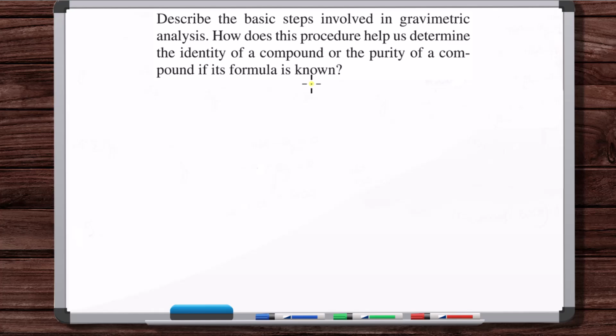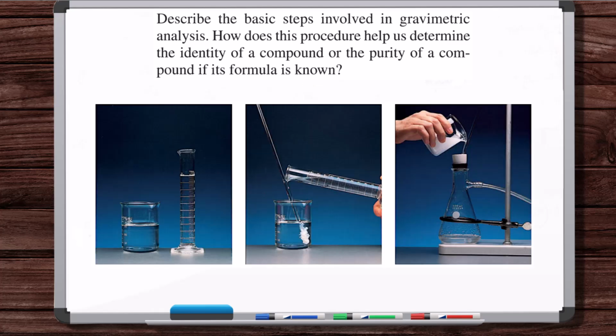And so the way it works is this. You have a substance of unknown composition. It might be the case that you know a little bit about the composition of the substance, and you're trying to figure out its full chemical formula, or maybe you don't know anything about it. It also could be the case that you do know the chemical formula of the substance, but you can still use this procedure to analyze its purity.